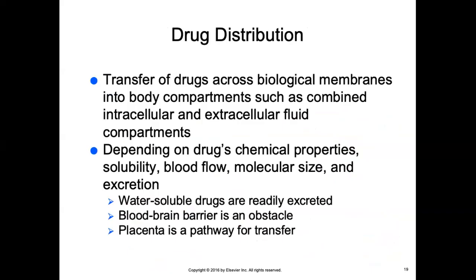Depending on the drug's chemical properties, solubility, blood flow, molecular size, and excretion. Water-soluble drugs are readily excreted for the reasons we already said. They're already able to be dissolved into blood, and that means the kidneys can clear them easily. The blood-brain barrier is an obstacle, and the placenta can be a pathway for transfer as well, into the baby.